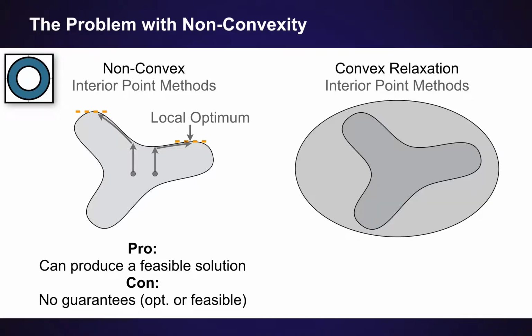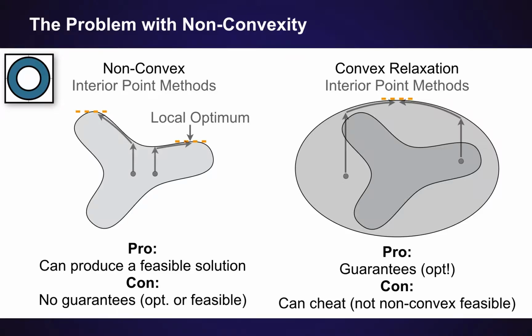Now, in contrast, if you have a convex relaxation of this interior point method, things are a lot different. No matter where you start inside of this region, you'll converge to one of the global optimal solutions. And so the big pro here is that you have a guarantee of optimality and also a guarantee of feasibility if the problem is feasible.